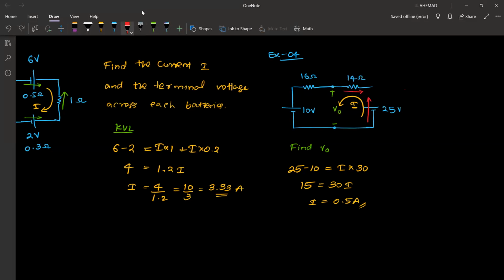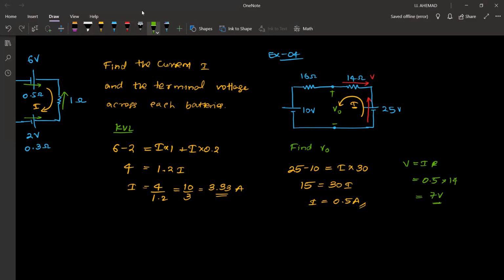So here, to find out what is V naught, I must know what is the drop here. I must know what is V. How to find V? V is equal to IR. So I is 0.5, R is 14. So that is 7 volt of drop.